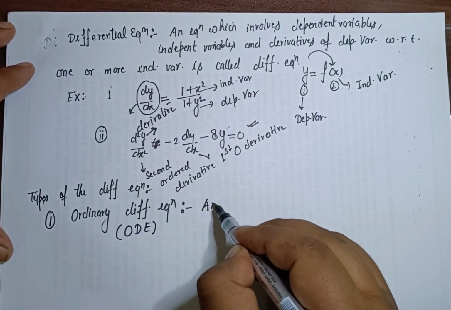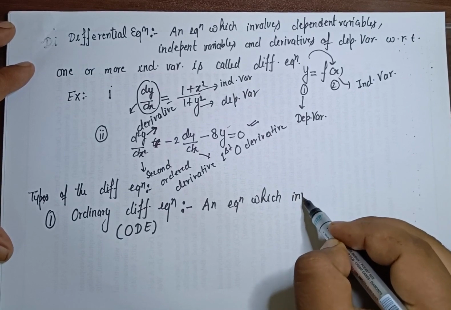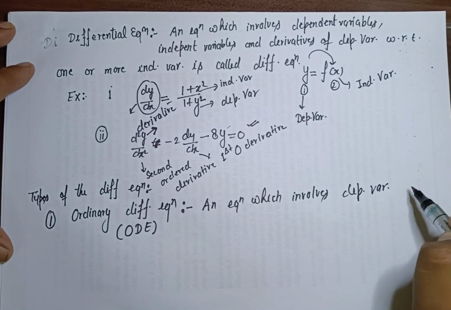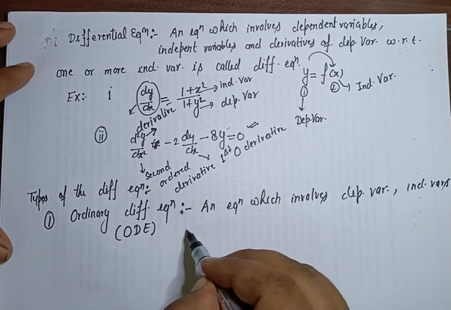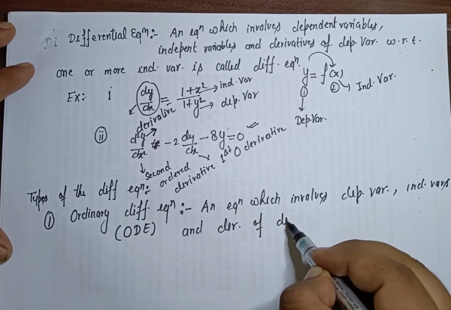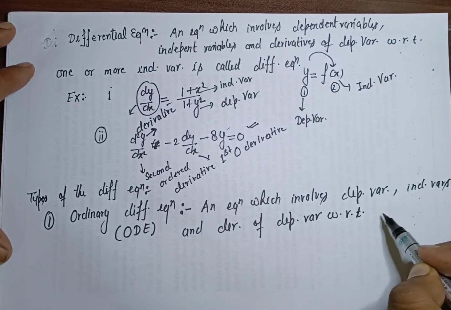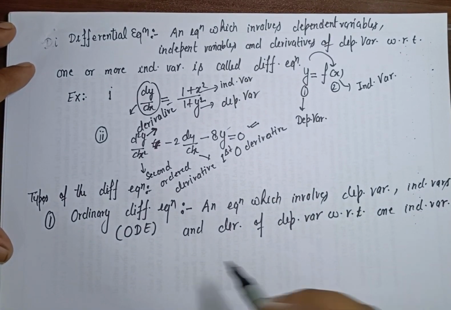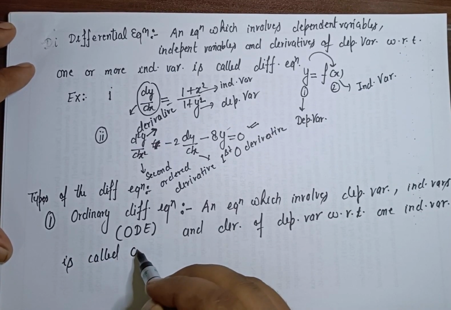A simple definition: an equation which involves dependent variables, independent variables, and derivatives of dependent variables with respect to one independent variable is called an ordinary differential equation.